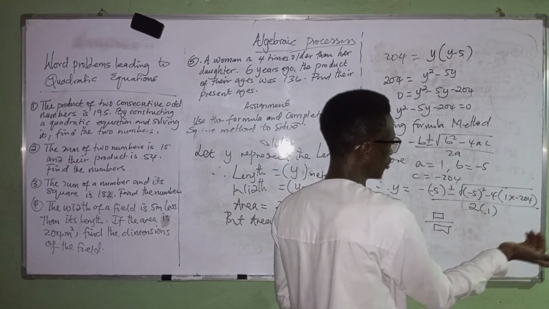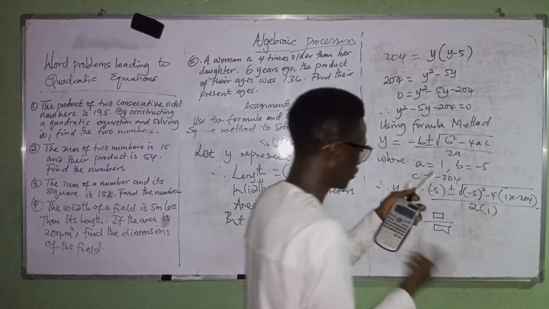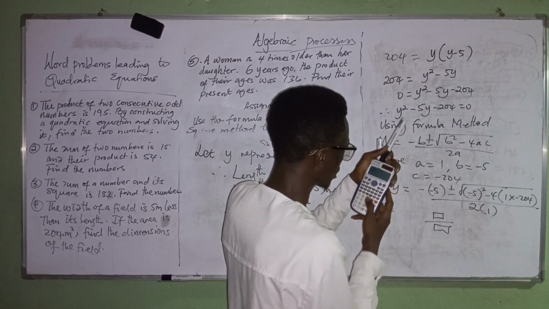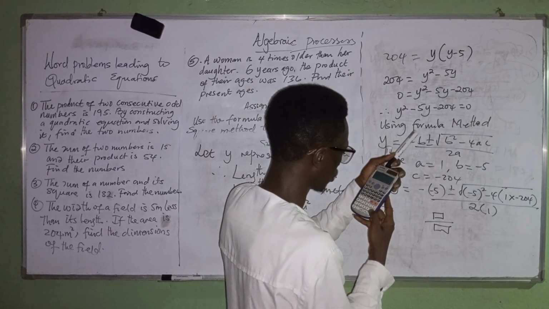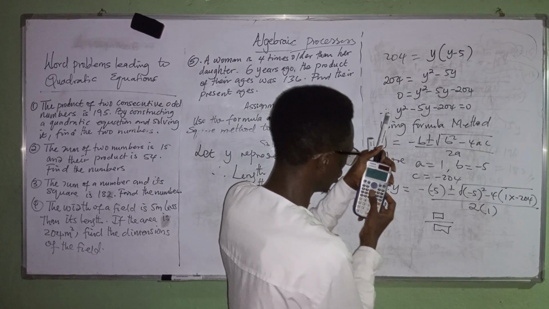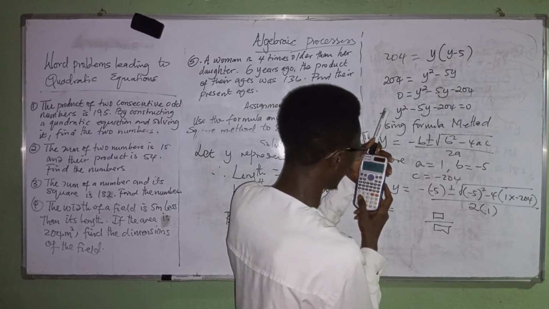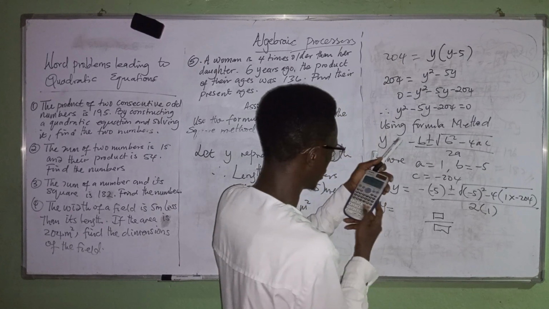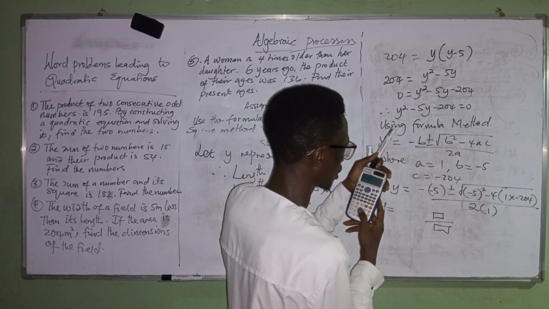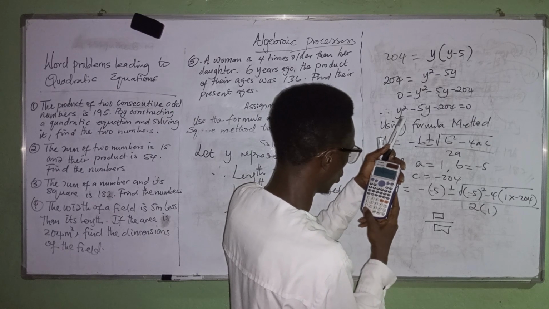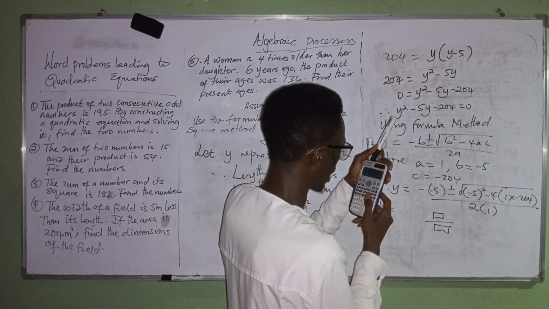Now some of these I will just break them. If you don't want, you can still use everything. So you open bracket inside, so minus 5, close bracket, you press the square, then you have minus 4, you open the bracket, you have 1 times minus 204, you close the bracket.